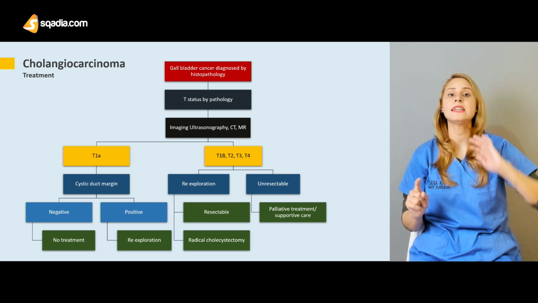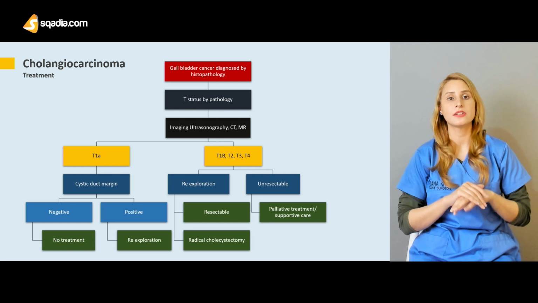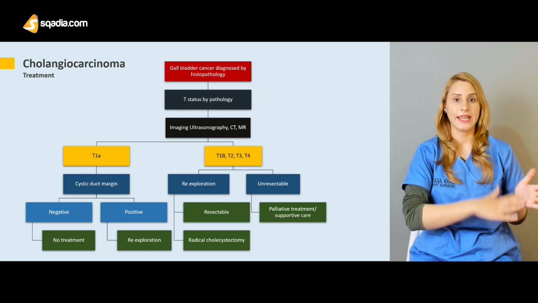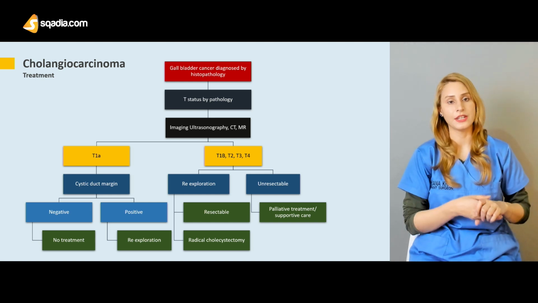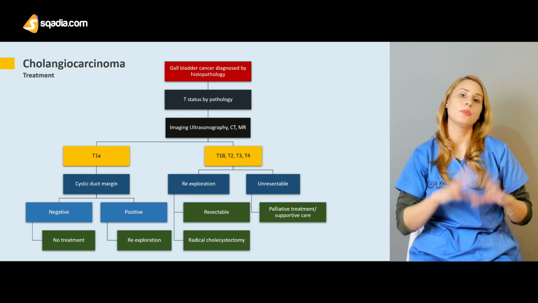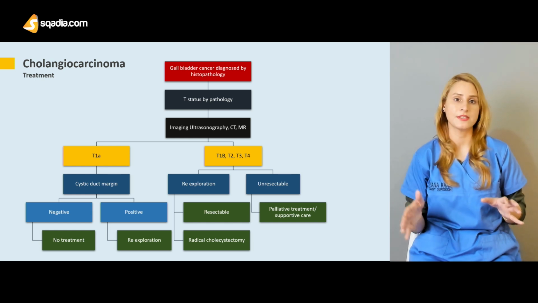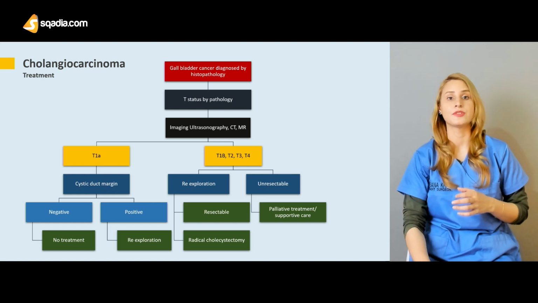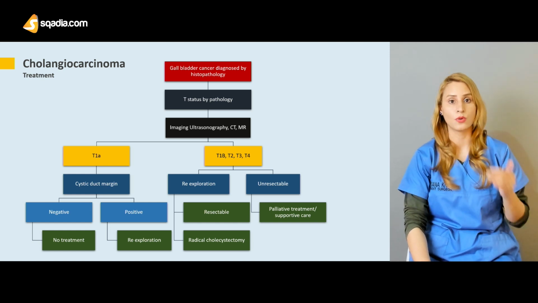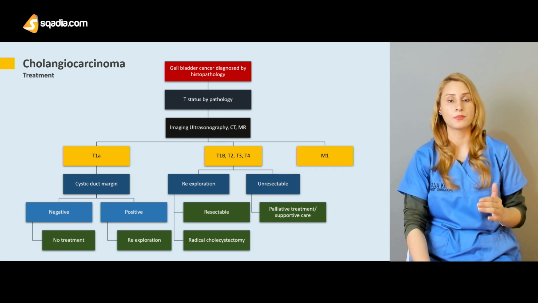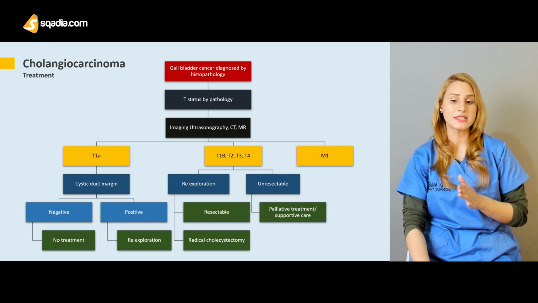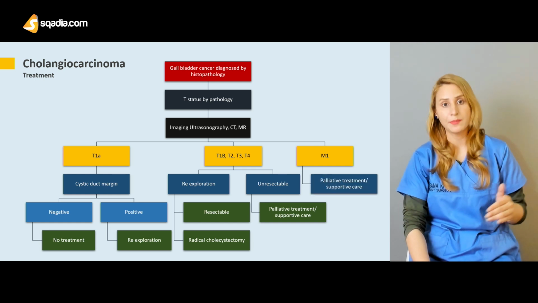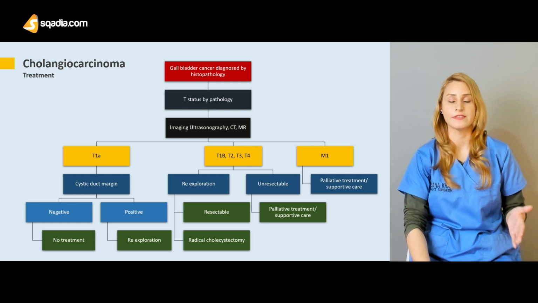So for the tumors which have not invaded beyond the lamina propria, you can go for cholecystectomy, okay, with negative margins. But if the margins again came out to be positive, then you have to go for re-exploration. And for unresectable tumors, you have to put your patient on chemotherapy, or you have to give proper palliative treatment. And if there is metastasis, then again palliative treatment and supportive care is the treatment of choice you are left with.